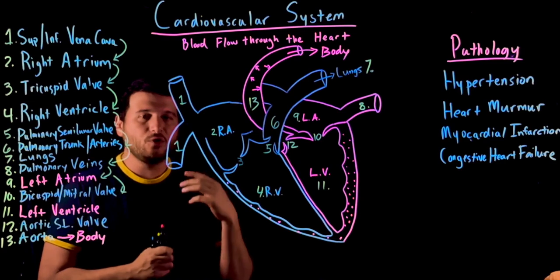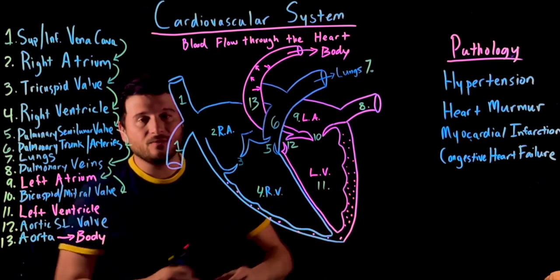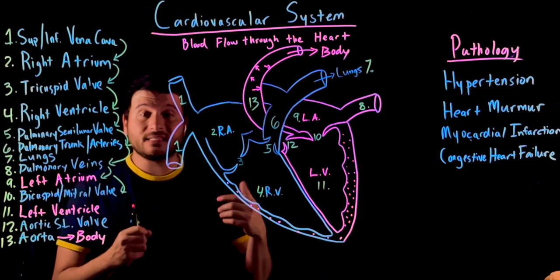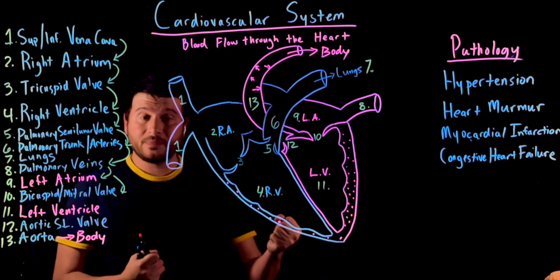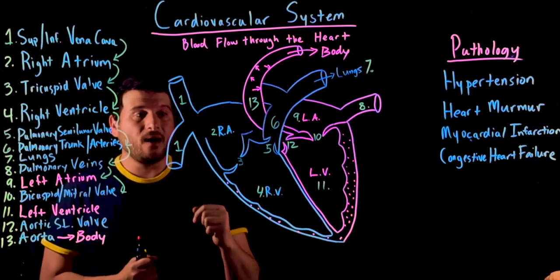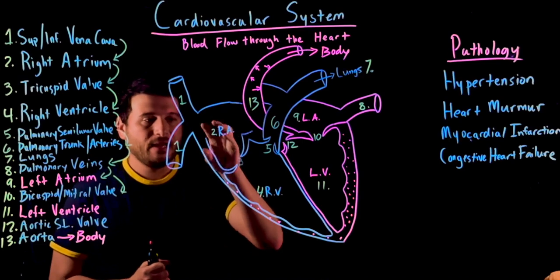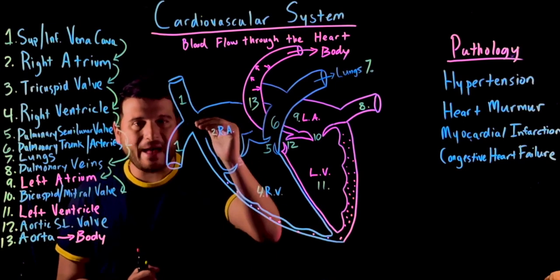If blood is moving too slowly due to things like the heart muscle being weaker or less efficient and it's not pumping as much blood per beat, that lack of efficiency causes blood to back up. If it's not moving through these chambers as quickly, it starts to back up.